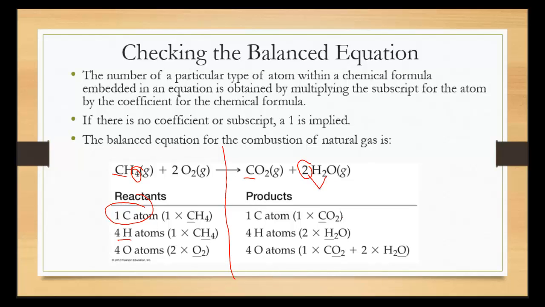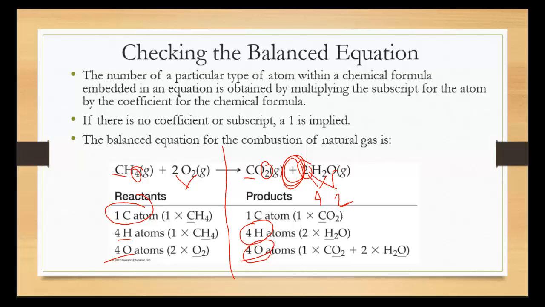Oxygens, we have 2 times 2 for 4 oxygens, and 2 oxygens here and 2 times 1 here. So 2 plus 2 is 4. We're going to go into this in a lot more detail in another tutorial, which will take us through step by step how to balance equations.